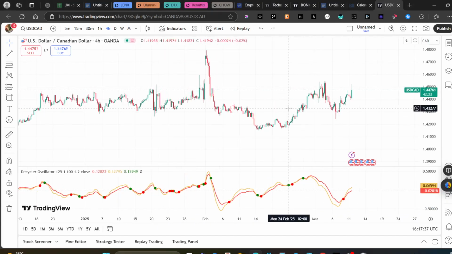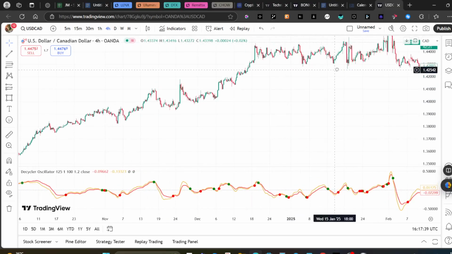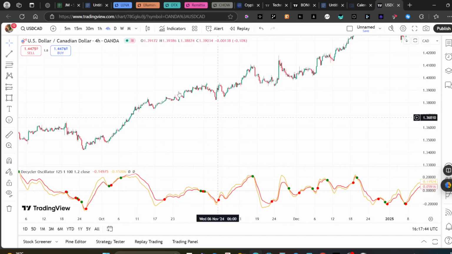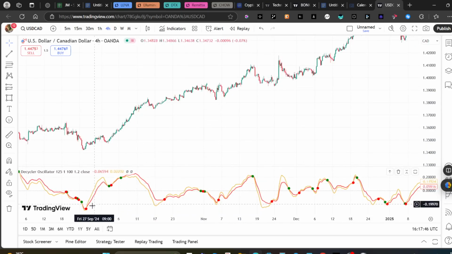Now, whenever we have prevailing bullish momentum, you will notice that the yellow line will cross above the red line. Okay, that's a buy signal. And then you will notice that the red dots usually form when a buy move is about to happen. So these red dots indicate that a buy move is about to happen.